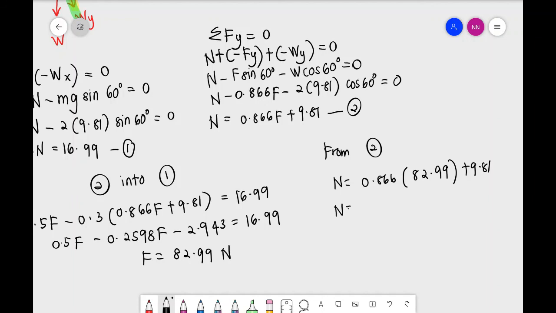So N equals 81.68 Newton. So we have already calculated the force and the normal force.